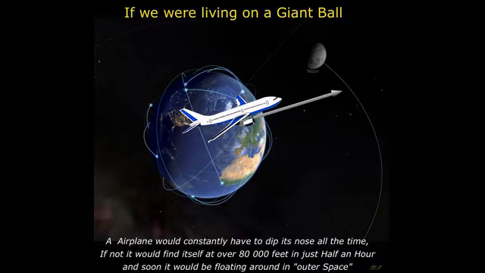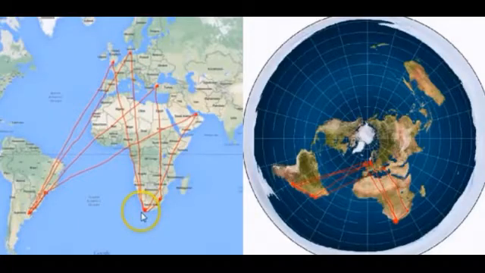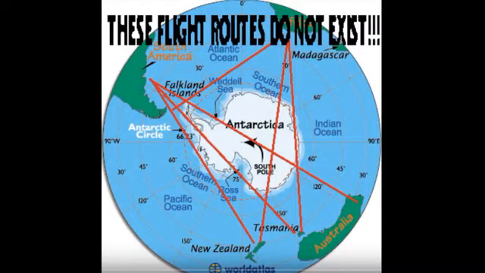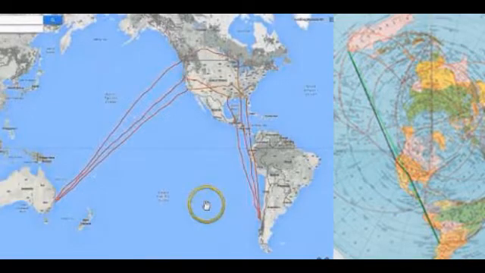Not only that, but there are a number of very illogical flight patterns that commercial airlines use instead of just taking a straight shot or the shortest, most direct, and most economical route, at least, if we live on a ball.